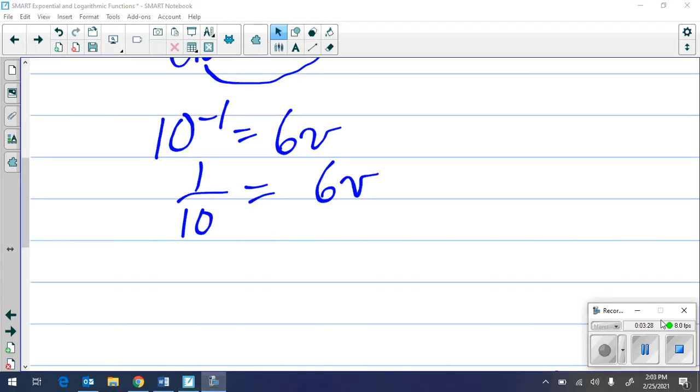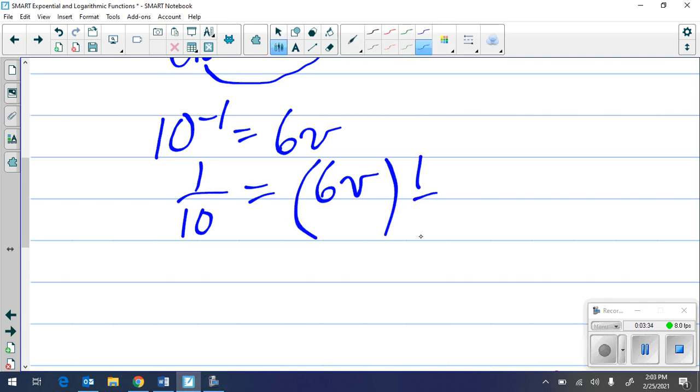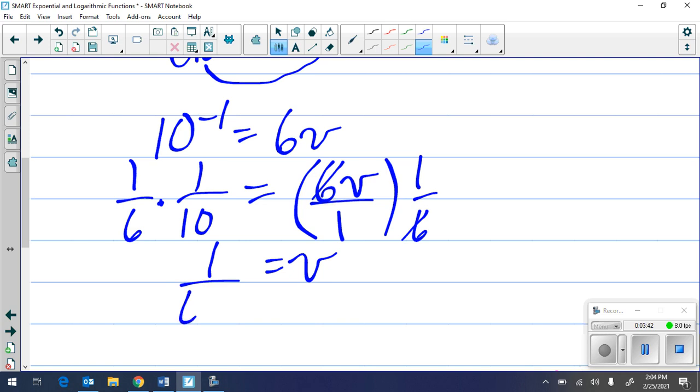And then rather than saying divide by 6, you know what I'm going to say? I am going to say times 1 over 6. You know why? It'll make this side easier. So v equals 1 over 60. I could have divided by 6. It would have just been uglier.